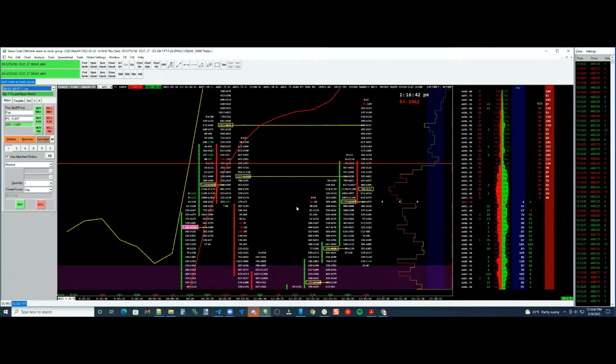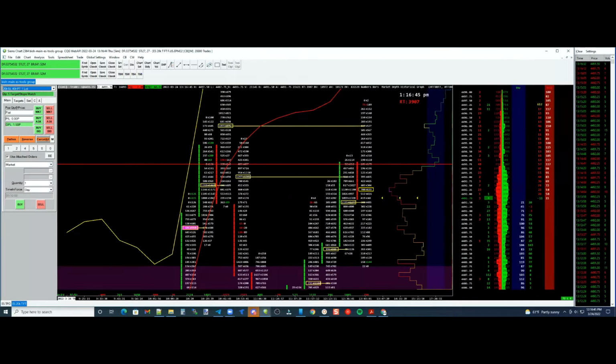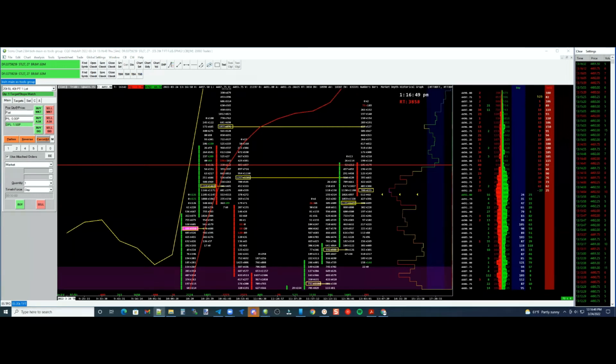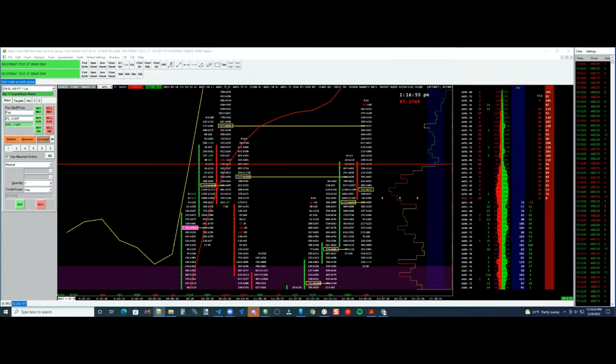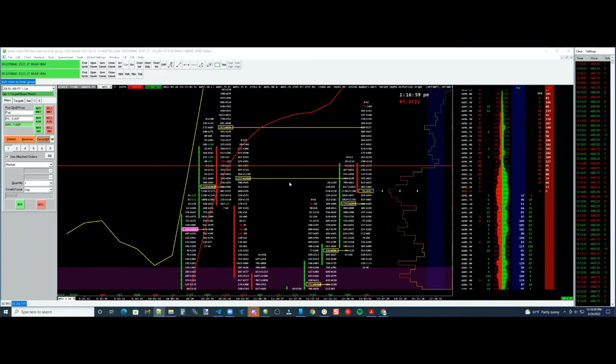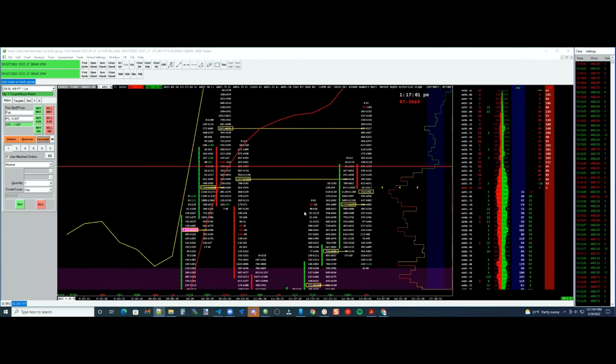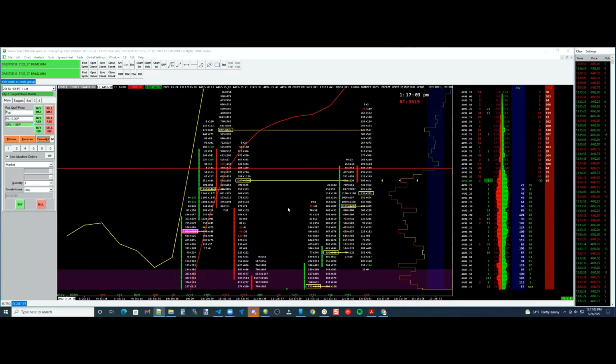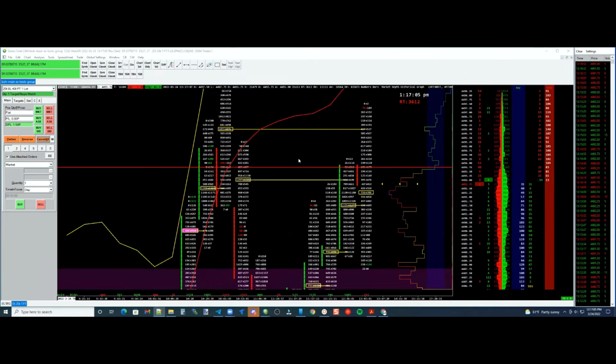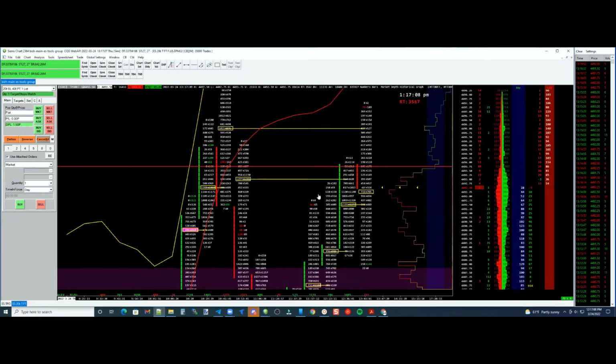It might be fun to look at, but risk reward is such a big deal. No study is going to tell you the risk reward, because every trade you take is going to be a little bit different, and risk reward for market conditions is going to be completely different.